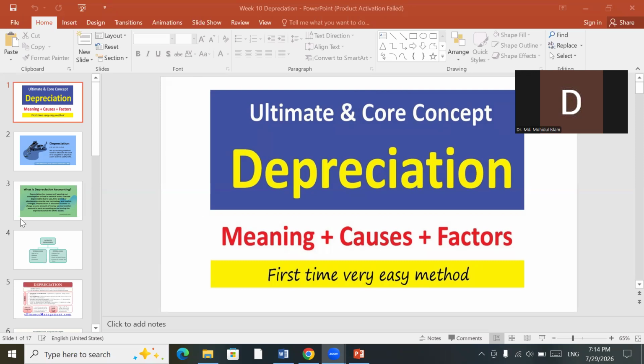Okay. So there is the depreciation meaning plus causes plus factors. Gradually, I will discuss depreciation. At first, a very simple definition.